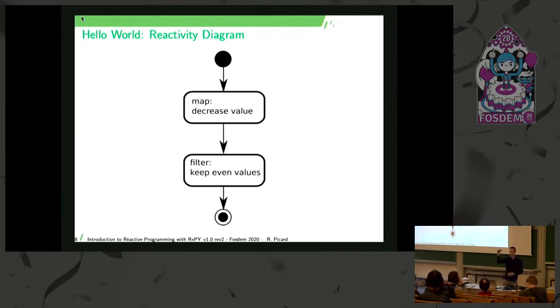On the top, you have a source observable. The black dot represents a source, and the items will flow through it. We will first use the map operator to decrease the values of items that are emitted, and then we will use the filter operator to keep only the even values. Then the result will be an observable that emits the result of these 2 transformations.